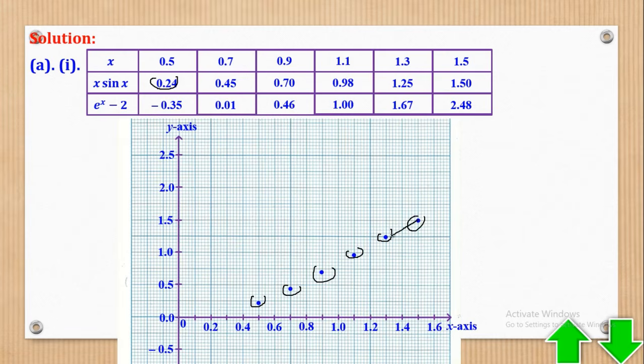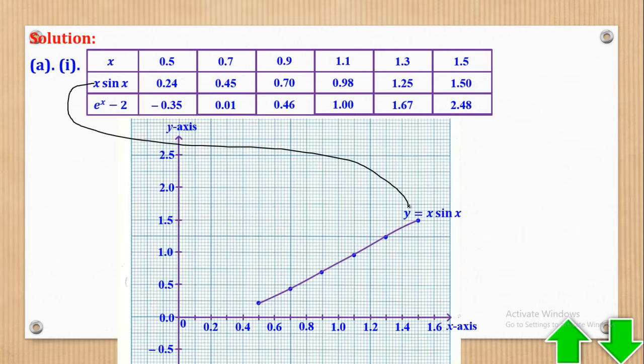So we have to draw a smooth curve through all these points. So let's do that. Then we have to label the graph, that is y equal to x sine x. Then next we shall go to the second graph.